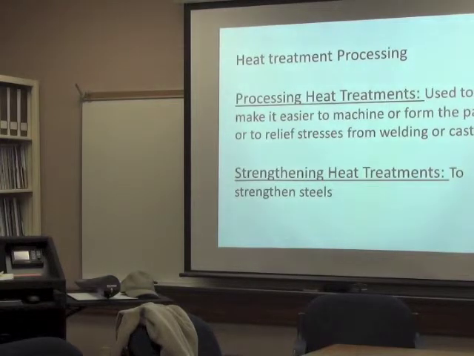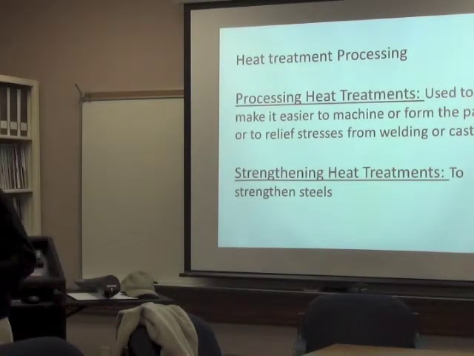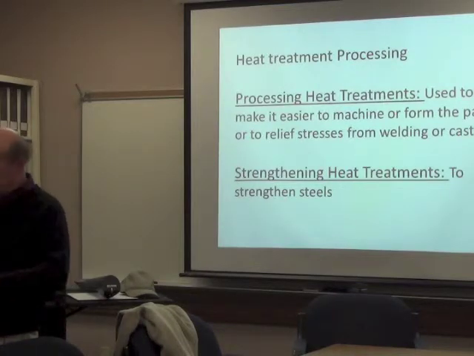Then, in steels and cast irons, we do a lot of heat treatments, okay? And we can change the properties of materials, right? Basically we distinguish between two types of heat treatments: the processing heat treatments and the strengthening heat treatments. Processing heat treatment means that we're going to make it easier to do the next process on it.